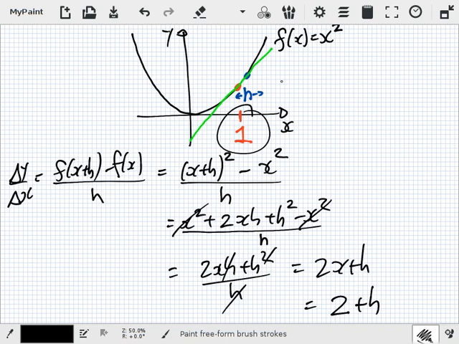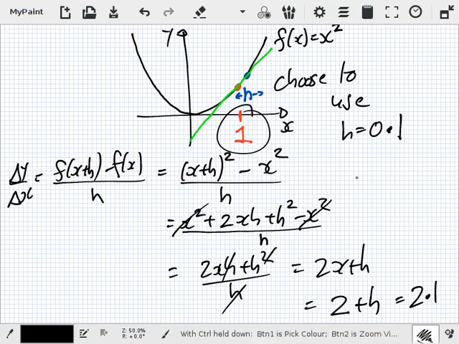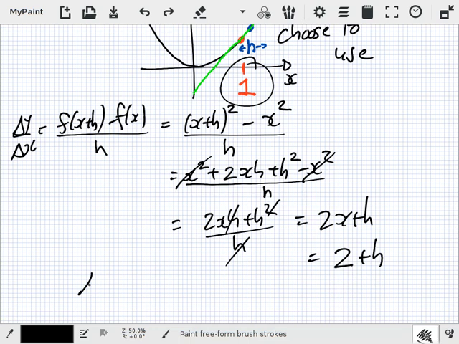For example, if we choose h equals 0.1, then the slope is 2.1. But shouldn't you provide a range? No. Normally in maths, you would leave the answer like this. You're saying that the slope of the secant is equal to 2 plus some small number of your choice.